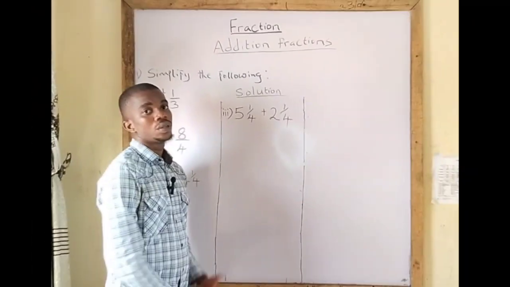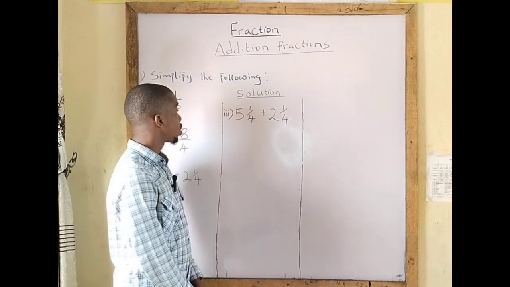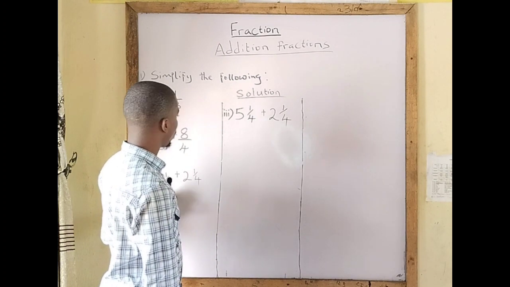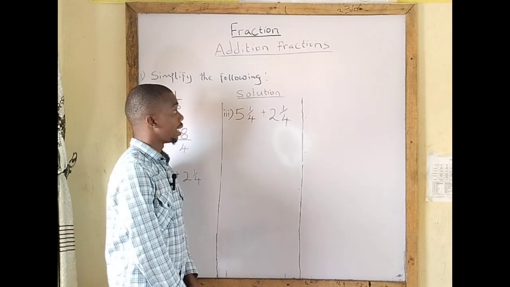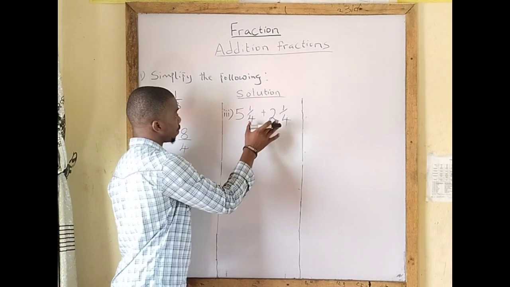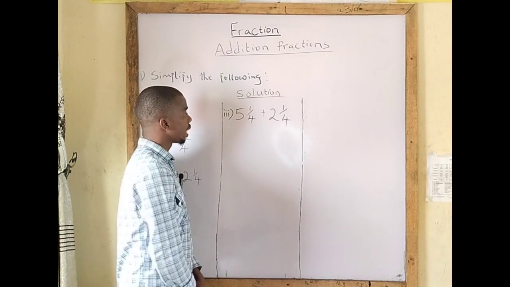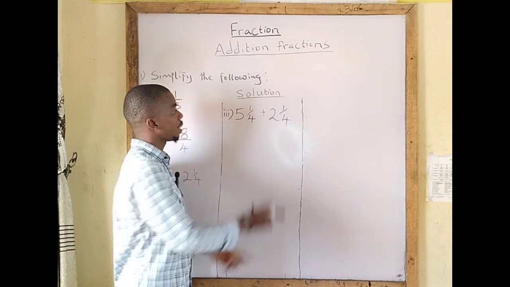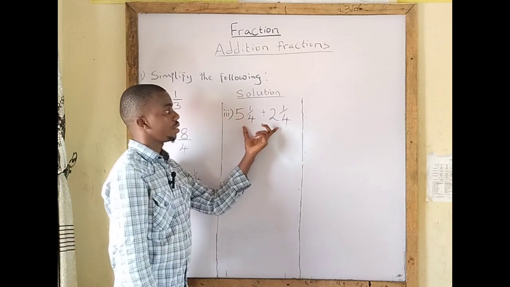All right, we are going to go to the next question, which is the third question. Now if you look here, you see that these are mixed fractions, and we cannot directly add these fractions like this as mixed fractions.